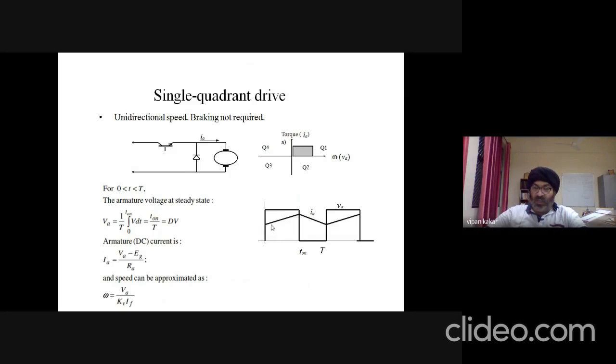When the switch is turned on, the voltage given by this pulse, which is V, is integrated from 0 to t on, divided by the total time period, which is t on plus t off.